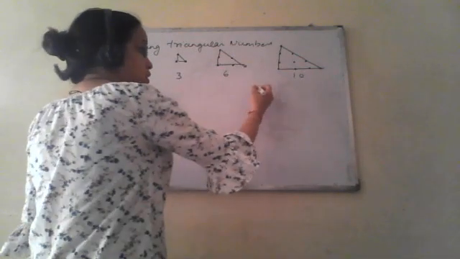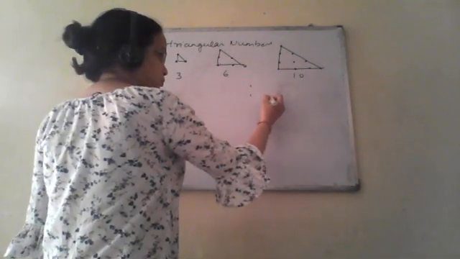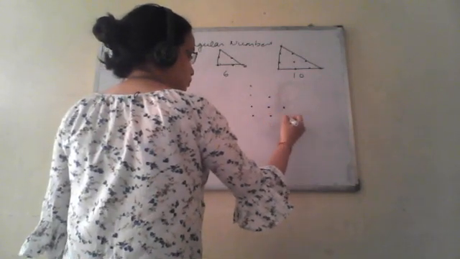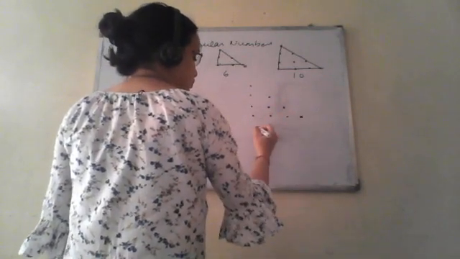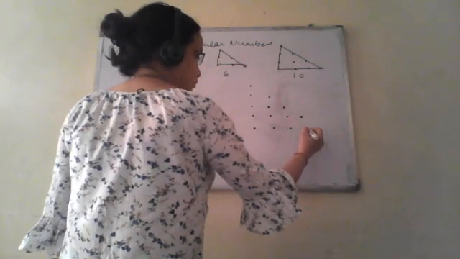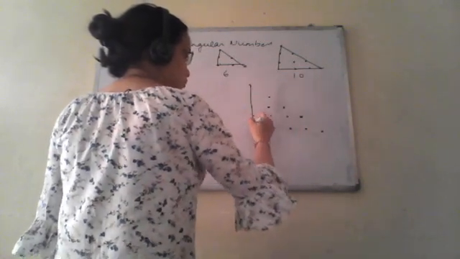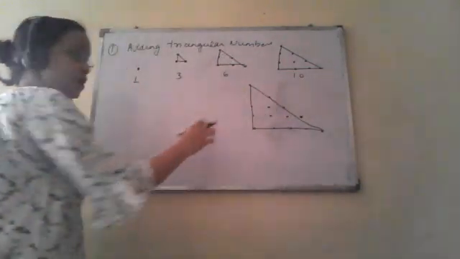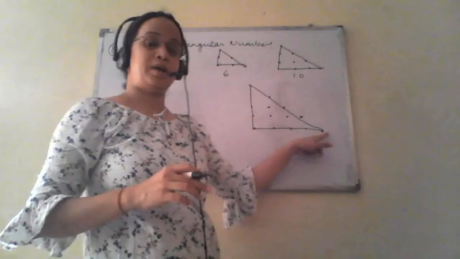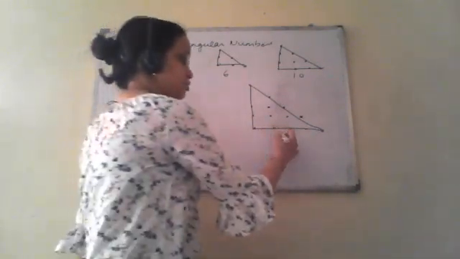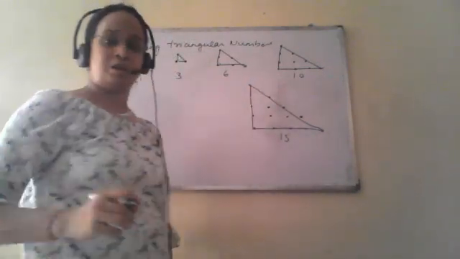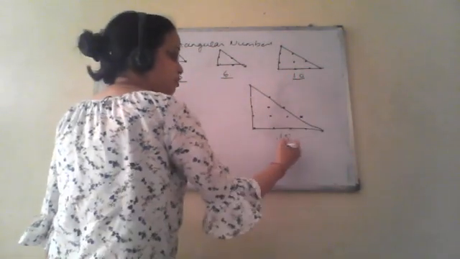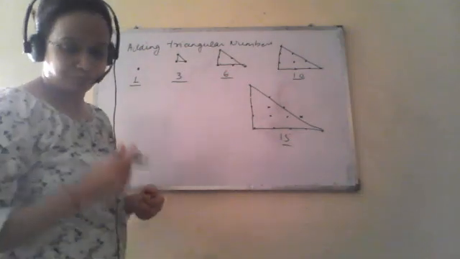Clear? If we go one more, we are successively adding one more extra dot. This is 15. You just have to count the number of dots. So these 1, 3, 6, 10, 15 are triangular numbers.